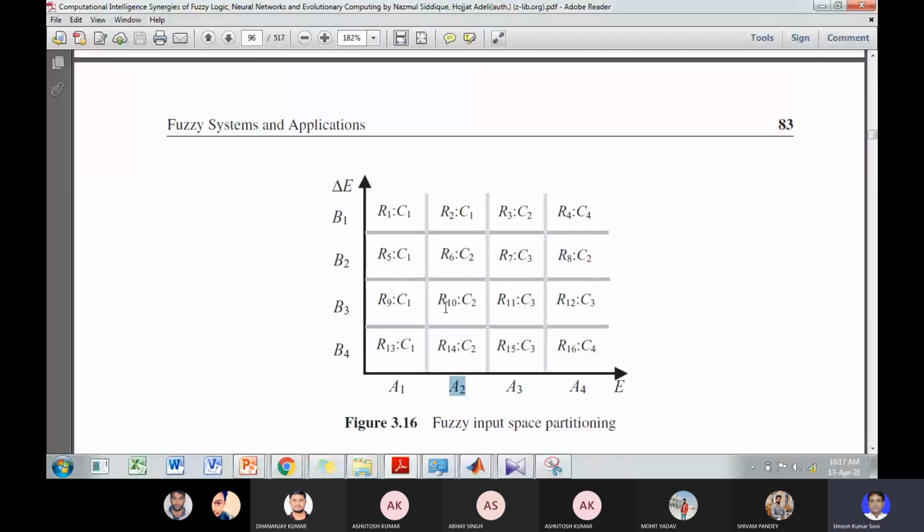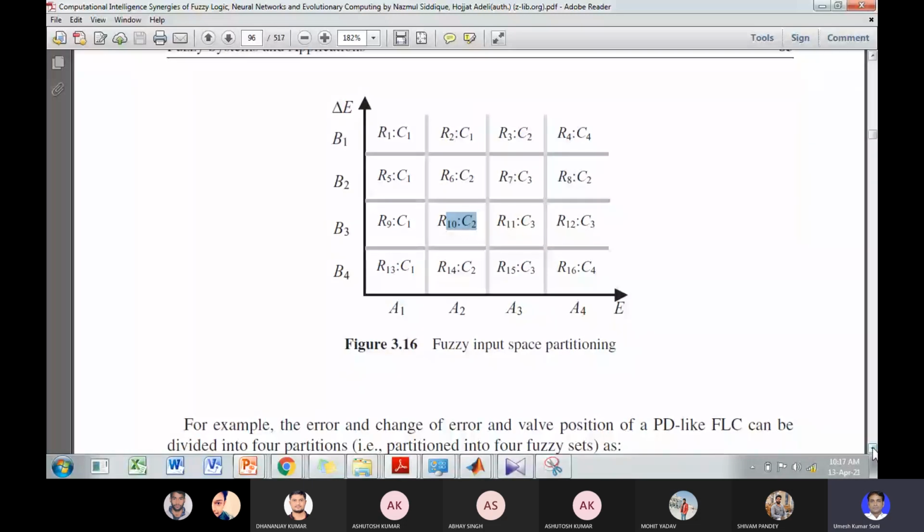Okay. Depending on the required performance, we select the rule base and the output membership functions, so input space partitioning is required for that.